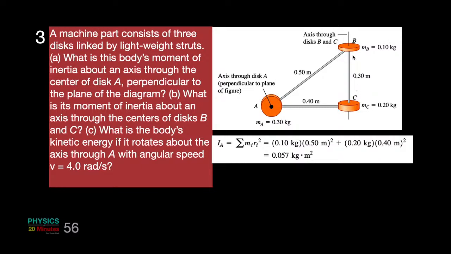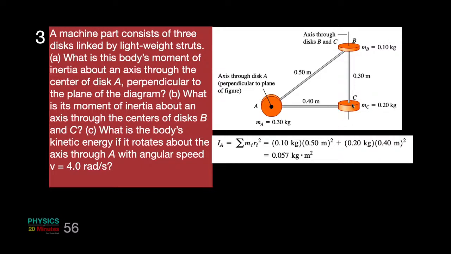So it is the moment of inertia of disk B about this axis and the moment of inertia of disk C about this axis. Remember, the axis is perpendicular to the plane of the screen. So this rotates, say, this way. The radial distance for B is 0.5, so when you write mr square, you will write 0.10 into 0.5 square.